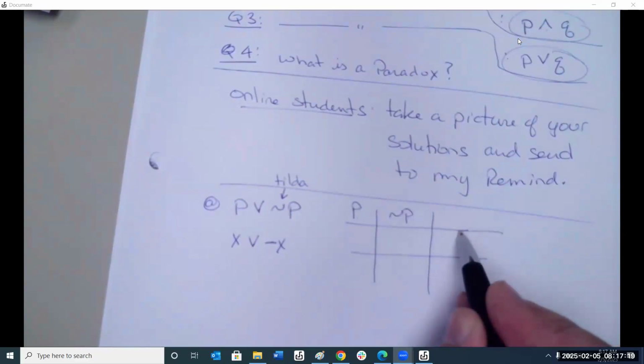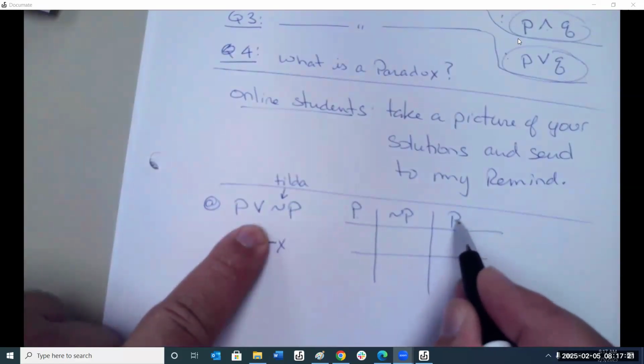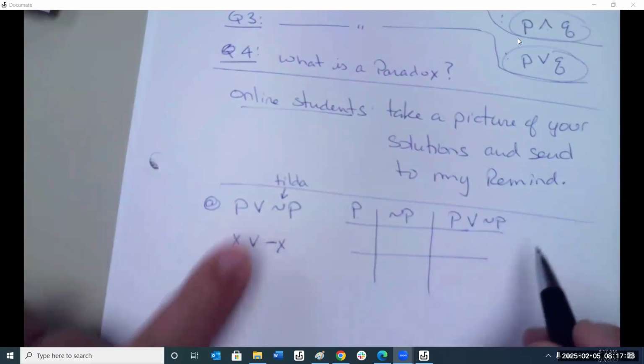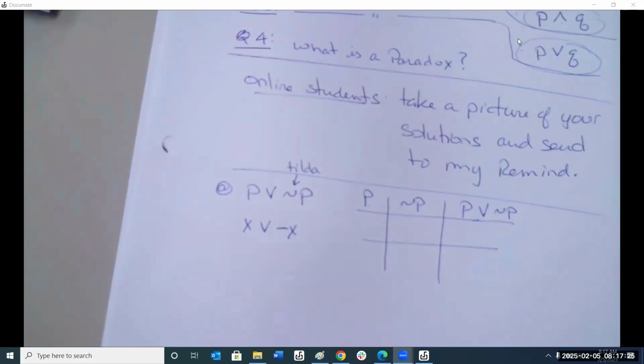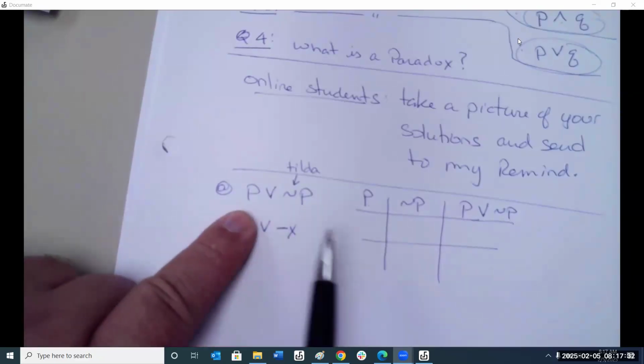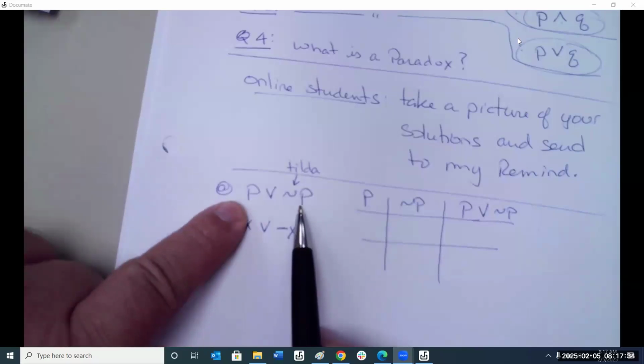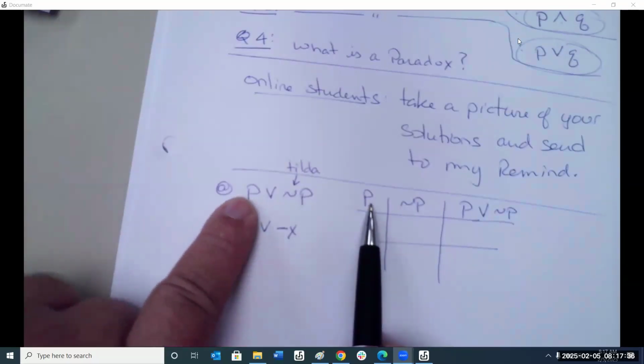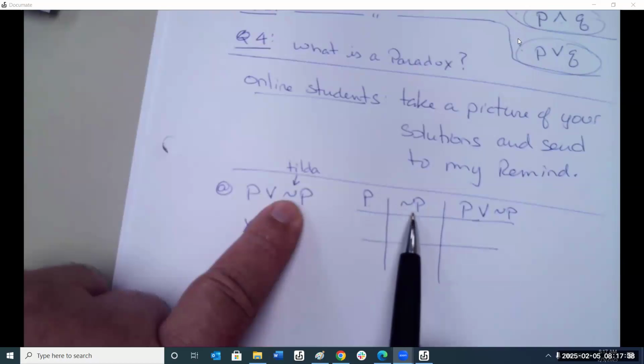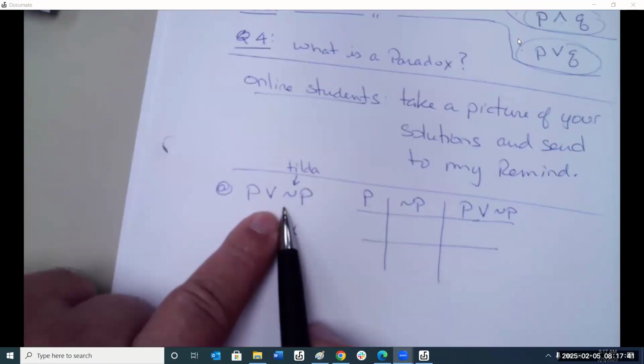And the third column is that. Remember, in mathematics you build up to it. That's what you have to do with these truth tables. You have the statement. So first off, the only letter you have here is P. You have to start with that. Then in this statement, you have a not P, so you need that in there. Now you've got to put them together.